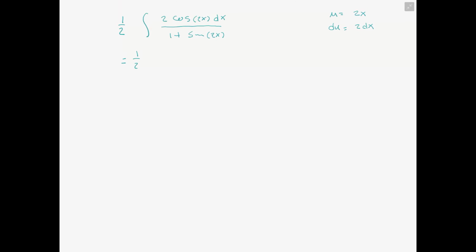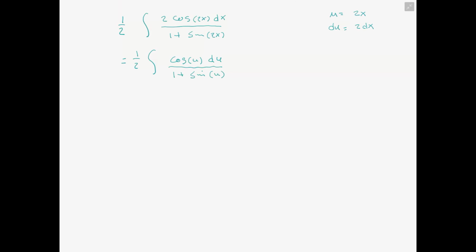So we have 2 dx up here in the numerator, and we have cosine of u du over 1 plus sine of u.